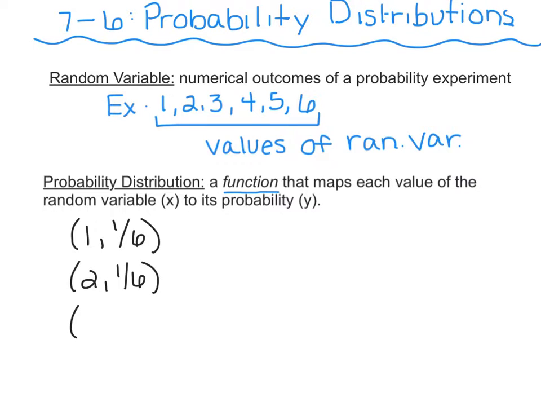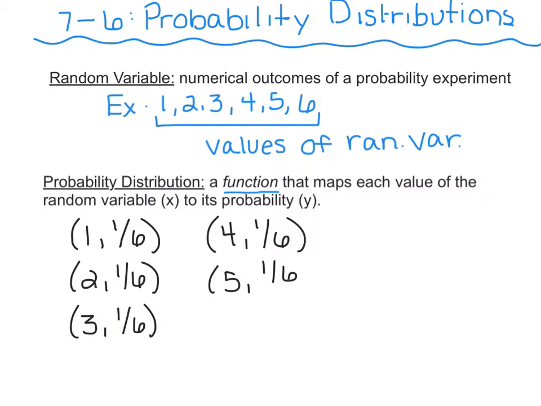So I'm taking each possible outcome, each value of the random variable, and matching it up with what its probability of occurring would be. 5, 1/6, and then 6, 1/6. Again, when you're just rolling a single die, all of the probabilities are the same, so that's why all of these numbers are the same. The big point to get here is that your x's are your possible outcomes and your y's are your probabilities.